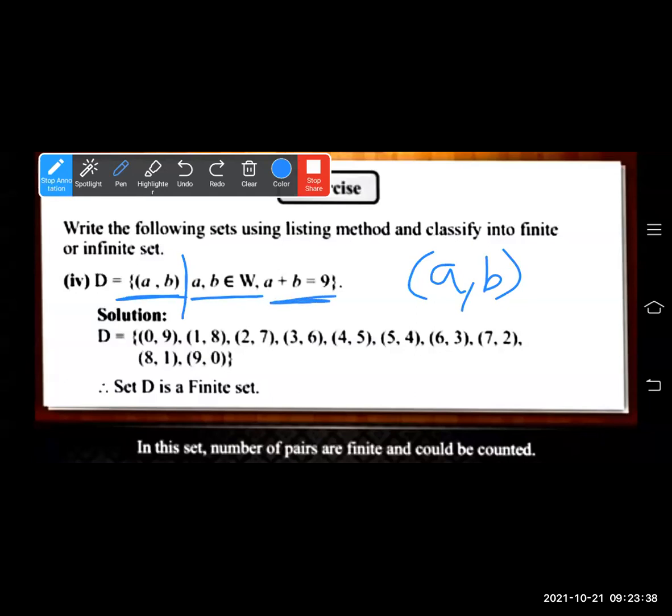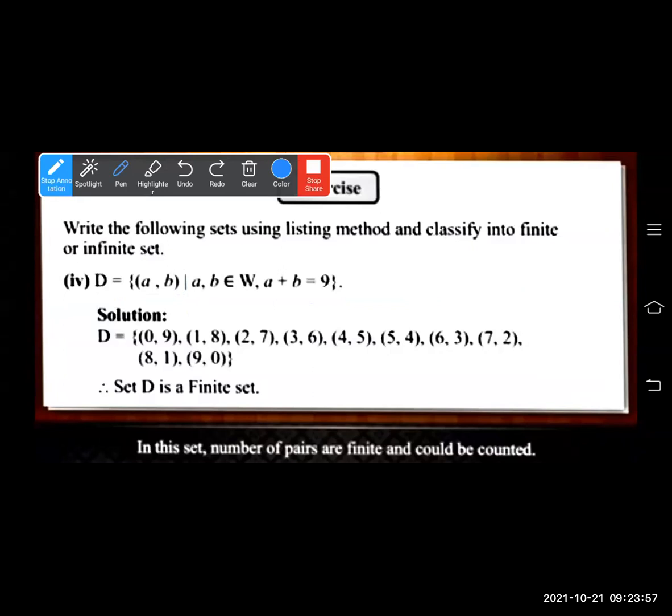This is the condition. So what you have to do here is find the pairs of a and b such that a and b are whole numbers and their sum a plus b is equal to 9. The sum should be 9 and we have to see all the whole numbers.